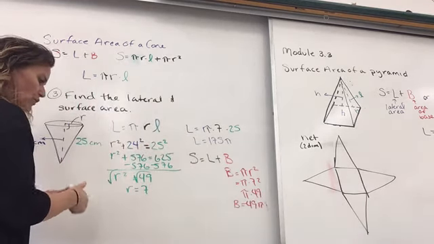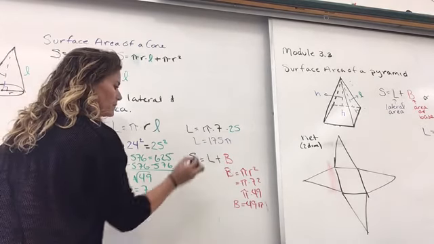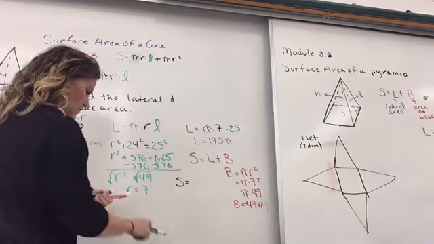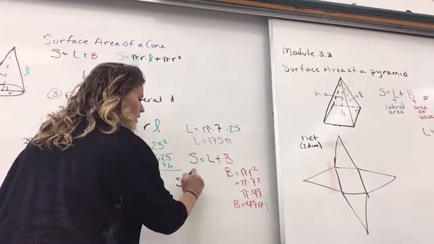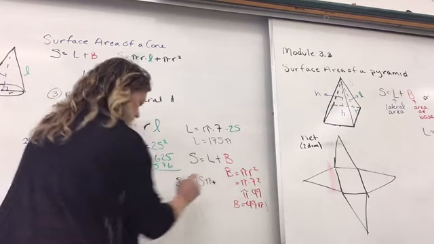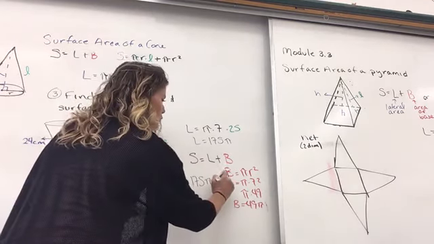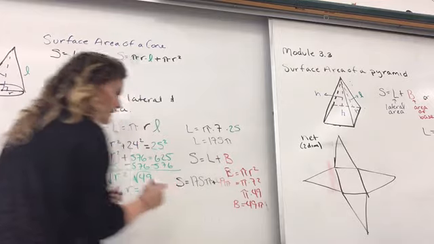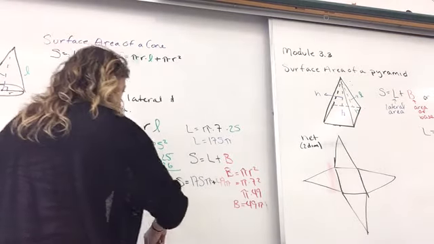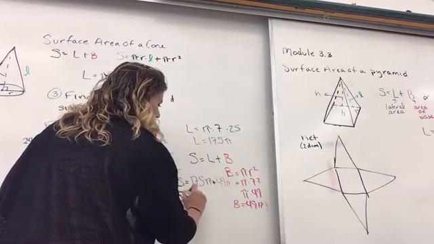Going back to our formula for surface area, I get S equals, and I'm going to plug in my lateral, so plugging in that 175 pi plus the area of my base, which is 49 pi. And when I add those together, I get 224 pi.